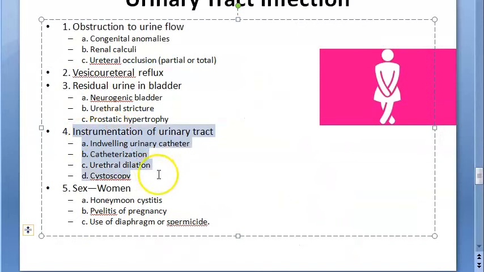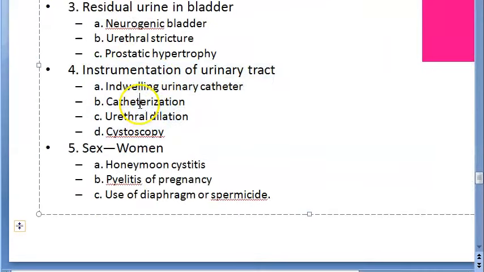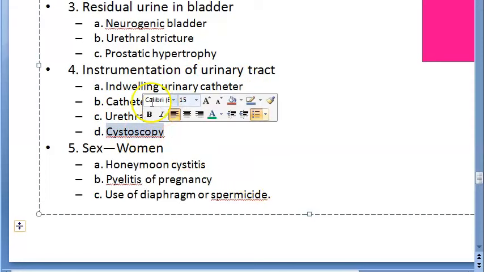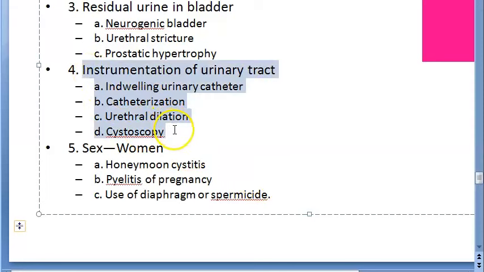Okay, so we are here now: instrumentation of the urinary tract. Basically catheterization and all, done in the hospital, right: indwelling urinary catheter, catheterization, urethral dilation, cystoscopy. All these procedures, or any catheter left there for a longer time, can lead to urinary tract infection.